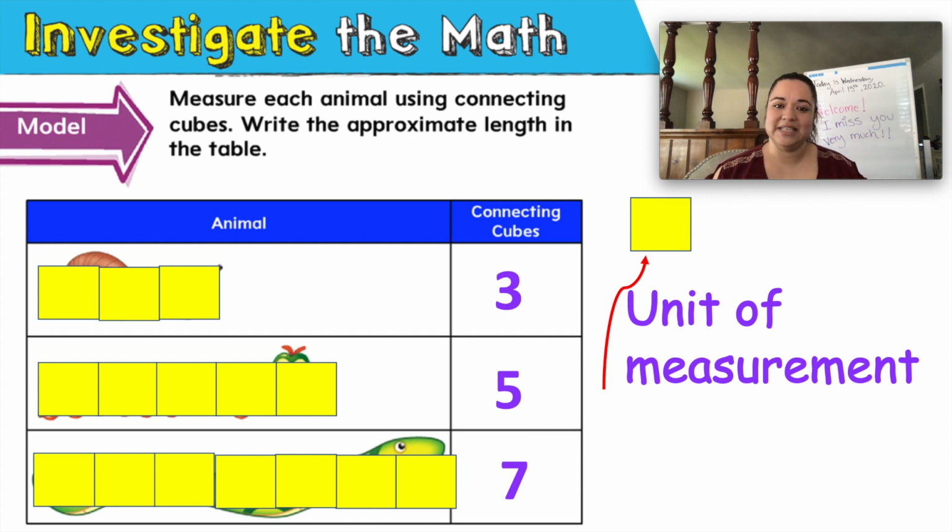So since I'm using cubes, I would say the length of the snake is 7 cubes. If I were using paper clips to measure it, I would say the length of the snake is about 2 paper clips, right? So you have to make sure you always say what unit you're using.